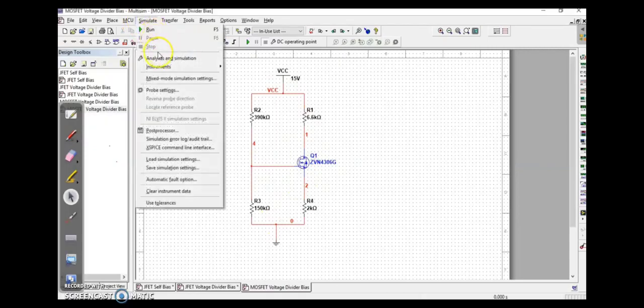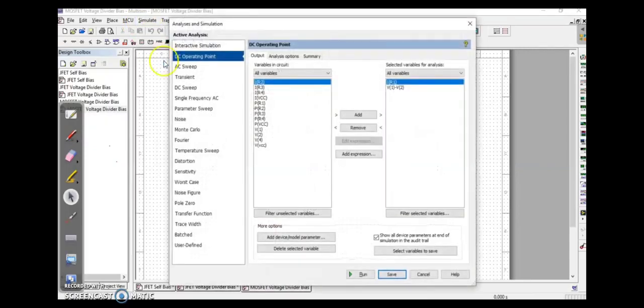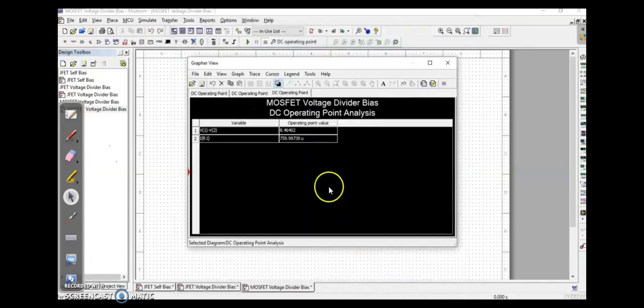And we simulate. Here we have I of R1 and V of 1 minus V of 2. Now we run this, and we get V of 1 minus V of 2 as 8.46402 and I of R1 as 759.99739.